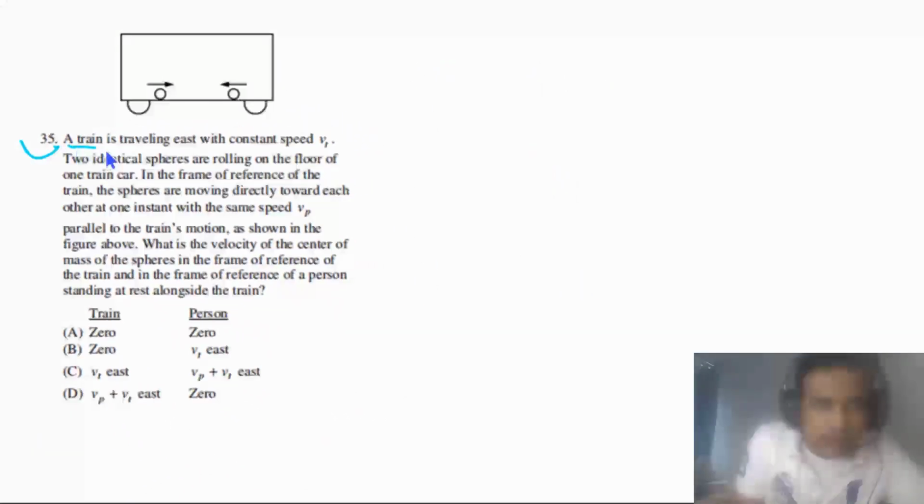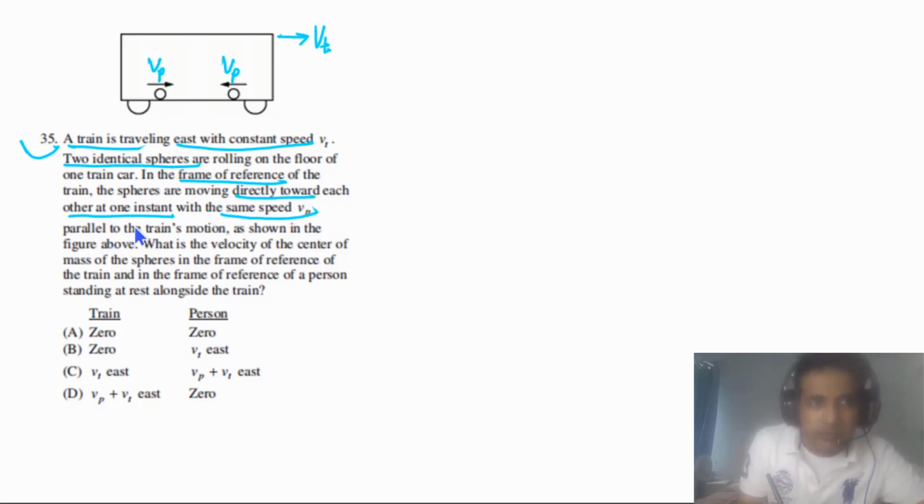Question 35 says a train is traveling east with constant speed Vt. Two identical spheres are rolling on the floor of one train car. In the frame of reference of the train, the spheres are moving directly towards each other at one instant with the same speed Vp, so we can label that they have the same speed Vp, and the speed of the train is given as Vt. The spheres move with speed Vp parallel to the train's motion, as shown in the figure above.